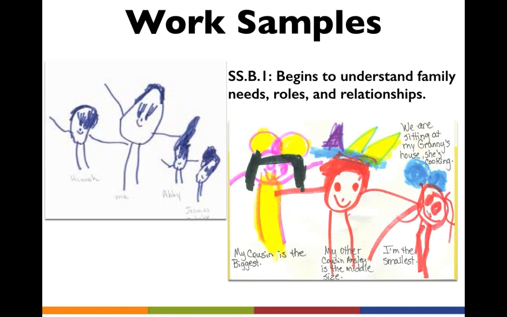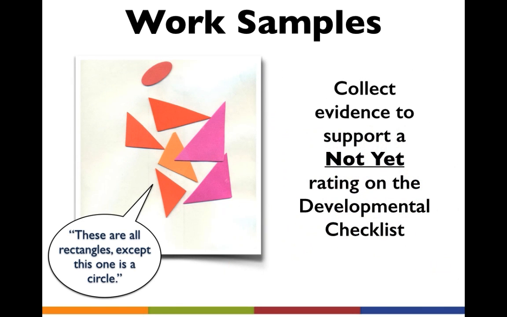Work samples can provide teachers with much information about a child across multiple learning domains. Teachers should choose work samples intentionally to acquire information that they need to collect about a child. These are all the rectangles except that one is a circle. At first glance, it appears that Chance sorted by shape.